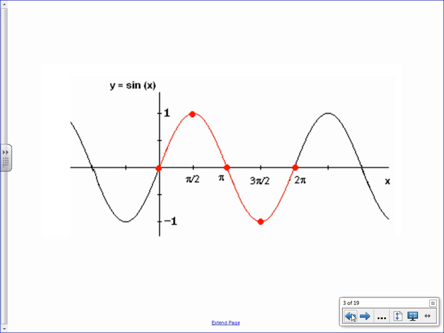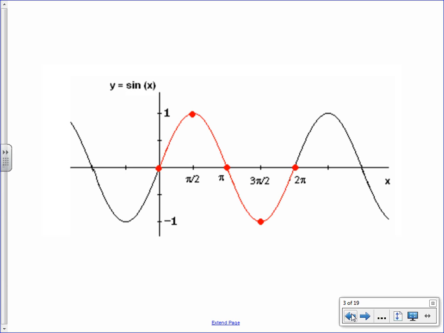Our lowest point is -1. So those two have a distance of 2, which would make our amplitude 1. Our amplitude is half of the total height. Since we stretch from -1 to 1, that has a height of 2, our amplitude is 1.